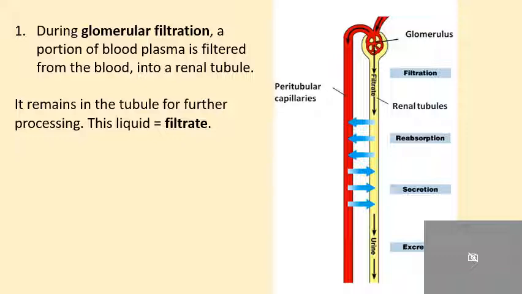So as blood passes from the afferent arteriole through this glomerulus, the pressure is sufficiently high to force some of the liquid component of blood, water and solutes, out of the blood vessel and into the glomerular capsule here. And now that filtrate, the artist has shown it drawn in a light yellow color. The liquid that we find inside renal tubules is called filtrate. And this is the process known as filtration.